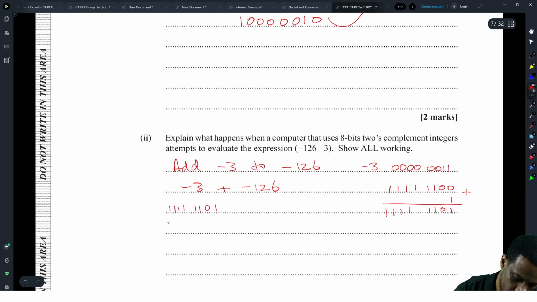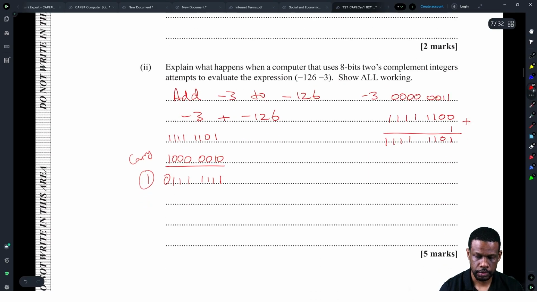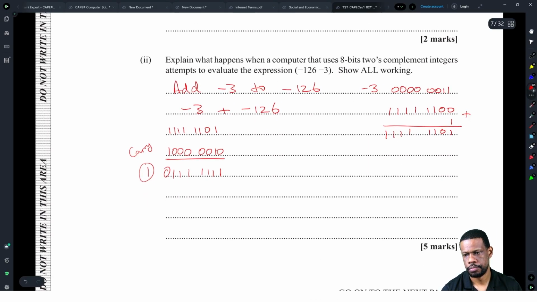So let's go 1, 0, 0, 0, 0, 0, 1, 0. Right, so we add this now. 1, 0 is 1, 0 and 1 is 1, 0 and 1 is 1, 0 and 1 is 1, 1 and 0 is 1, 1 and 0 is 1, 1 and 0 is 1, 1 and 1 is 0, and then you get 1 here. So this is the carry 1. Basically that's what you get.